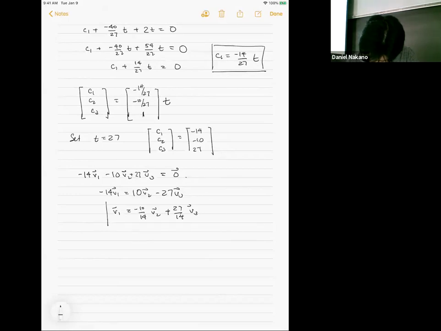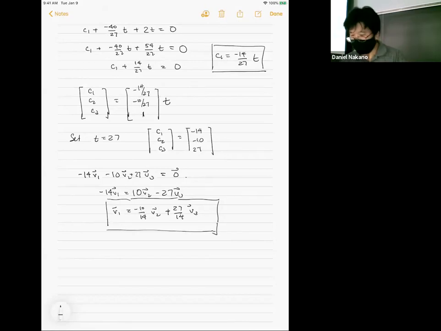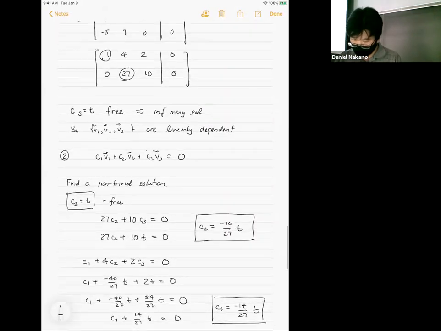Okay, so I've written one of the vectors as a linear combination of the others. Any questions on this? This was the goal for part 2, right?